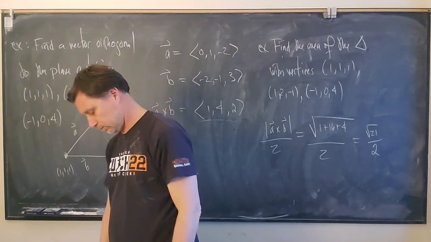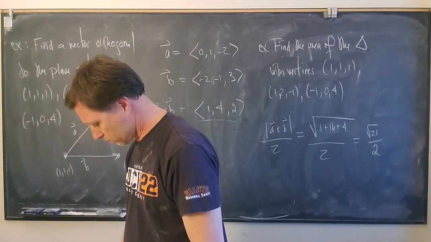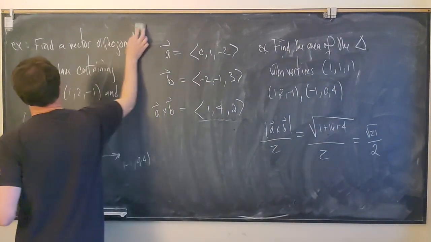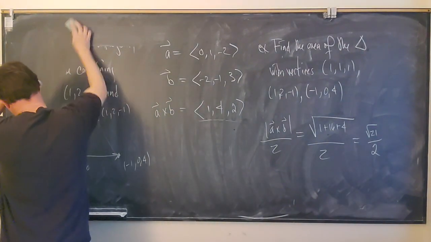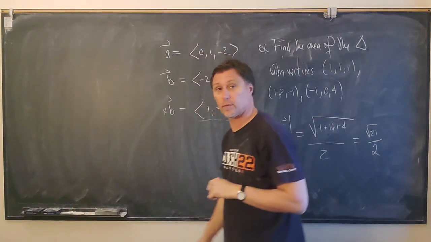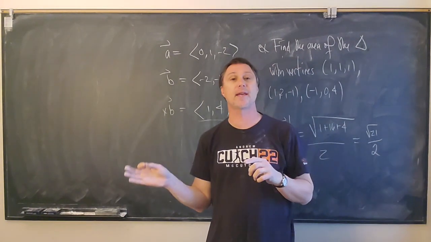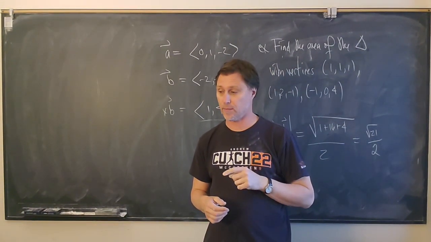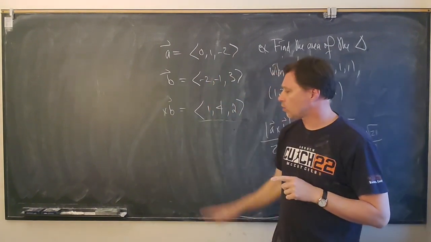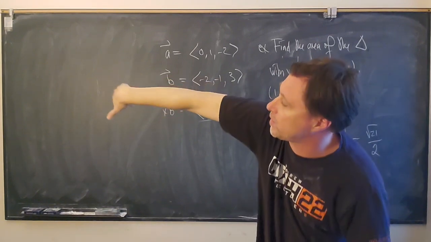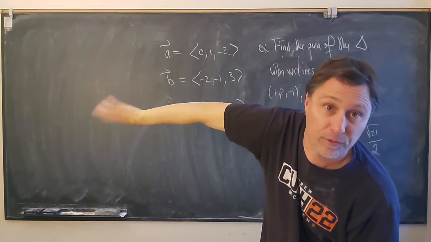One last thing. Actually, let me say two separate things. So one thing to notice, the cross product is not commutative. The dot product is. It doesn't matter. You can do A dot B or B dot A and you get the same answer. The cross product is not the same. And here's the reason. If you do A cross B versus B cross A, you're going to have to flip your hand over.